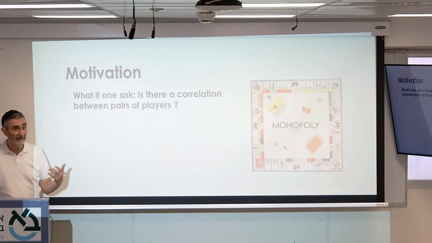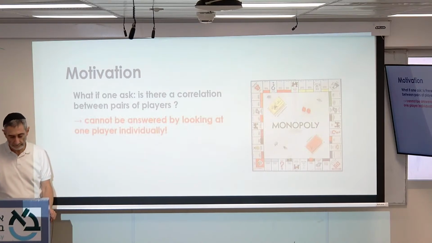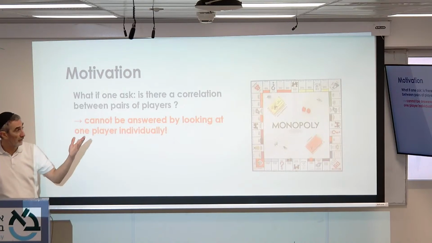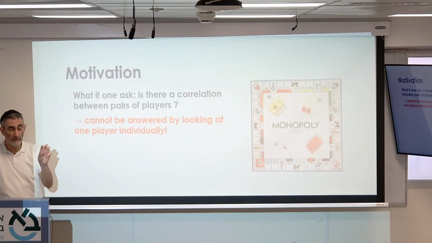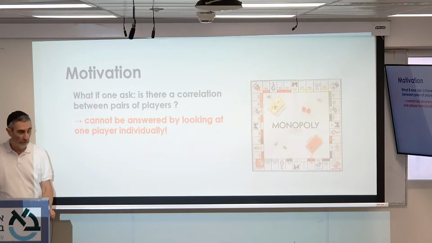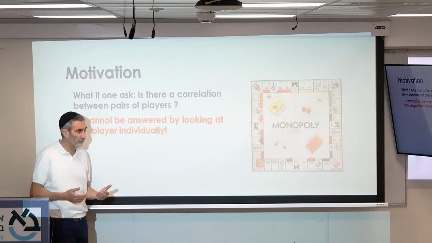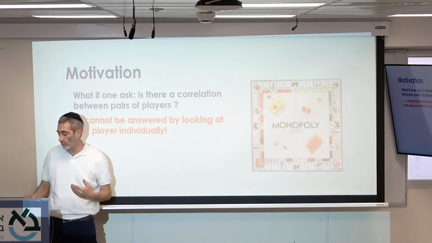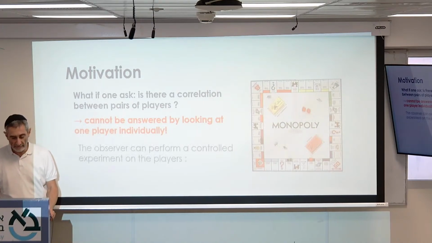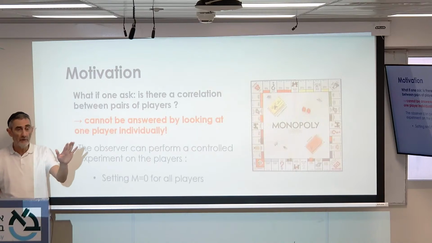And you cannot answer this question by simply looking at each player individually. What you need to do is to test the game. The way to test the game, for instance, is by doing the following. Everyone starts with 0 except one player.